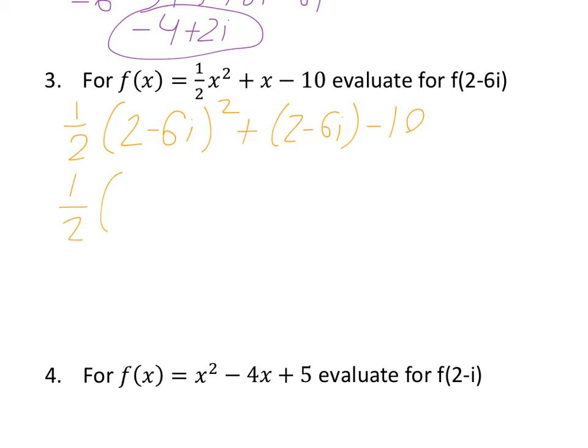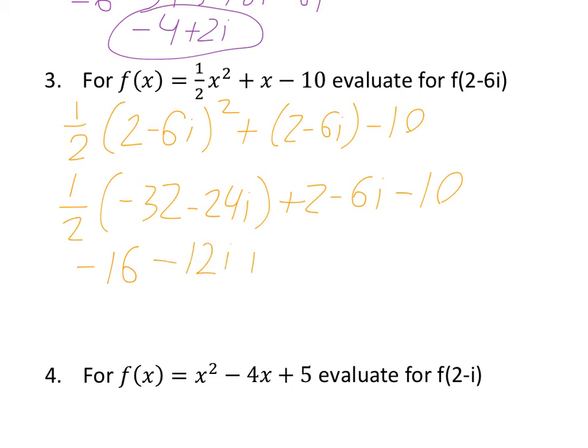Keep our 1/2. Use our binomial expansion to turn 2 minus 6i squared into negative 32 minus 24i. And we have our plus 2, our minus 6i, and our minus 10. We're going to distribute this 1/2 into this parentheses to give us negative 16 minus 12i plus 2 minus 6i minus 10.